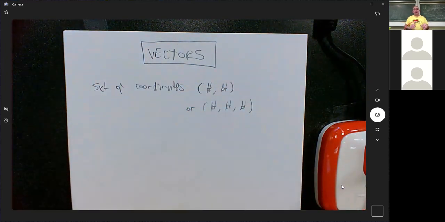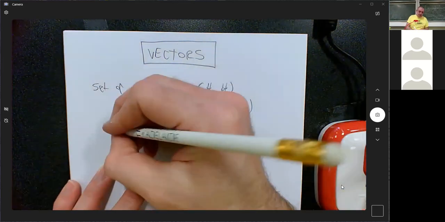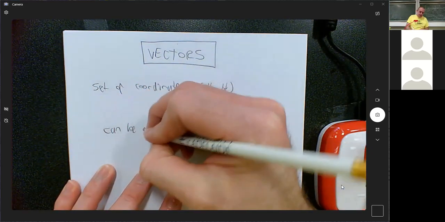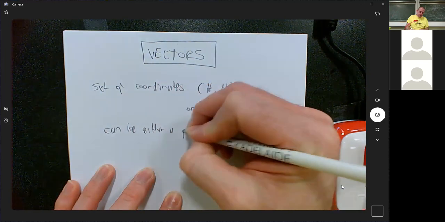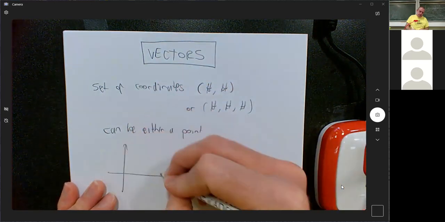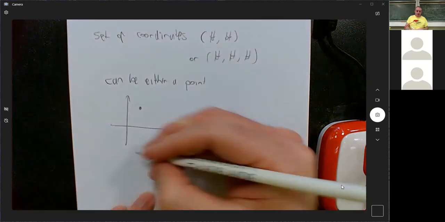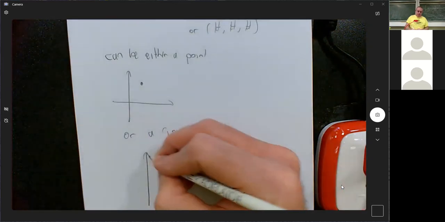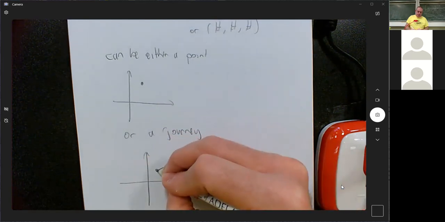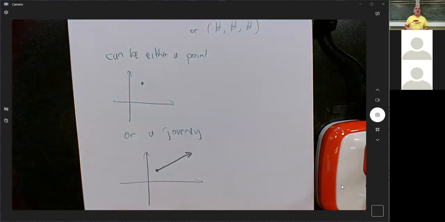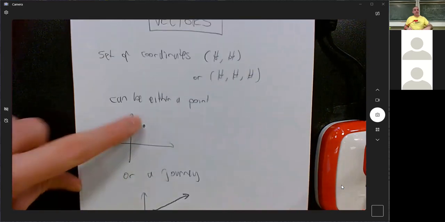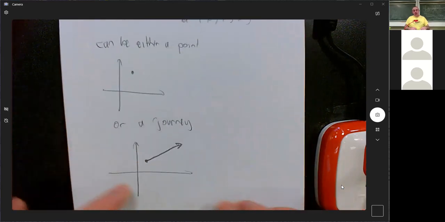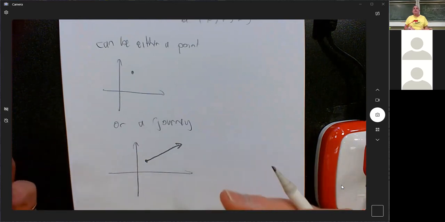A set of coordinates can either represent a point, like a location, or a journey from one place to another. So it can either be a point or a journey, and when we talk about it being a journey, it's a vector.